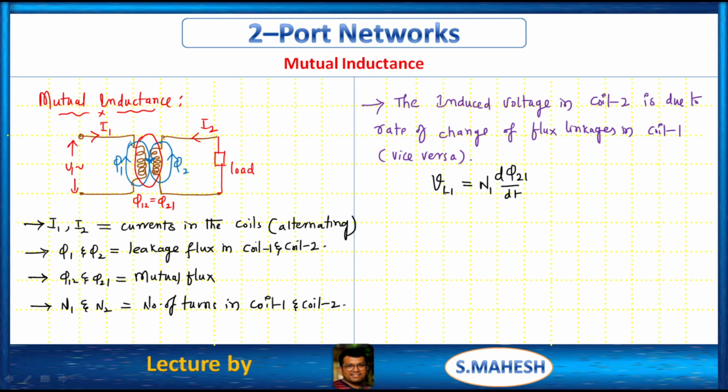The voltage in coil 1 is due to the rate of change of flux linkages in coil 2. The voltage in the second circuit is equal to N2 into the rate of change of flux linkages in coil 1. That's it. This is the first set of equations.